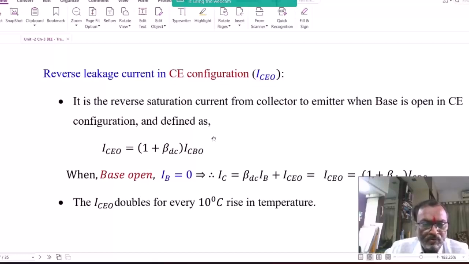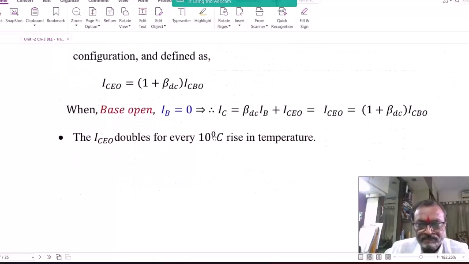ICBO is the value of collector to base current when emitter is open. Therefore, ICEO comes out to be, when base current IB is 0, 1 plus beta DC into ICBO.